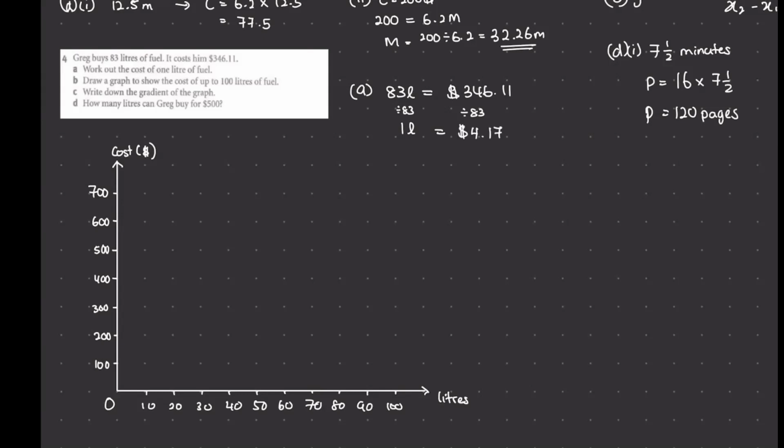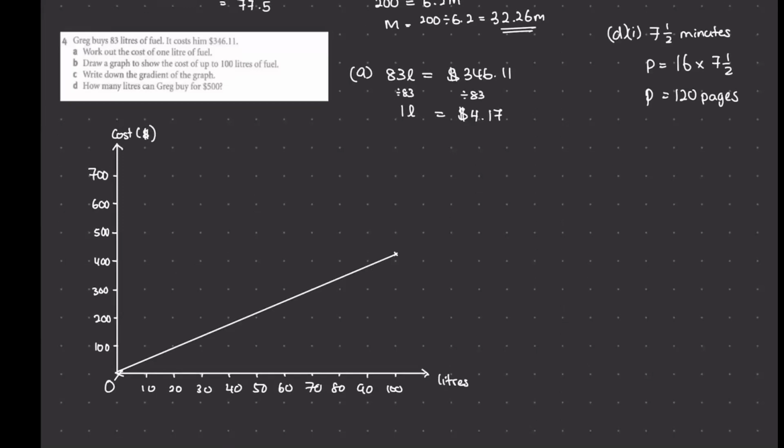Draw a graph to show the cost up to 100 liters of fuel. So the 100 liters is about 417. 417 should look somewhere roughly here. This is your graph. Write down the gradient of the graph. So we can actually use the formula for this one.